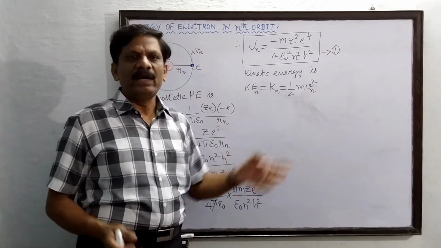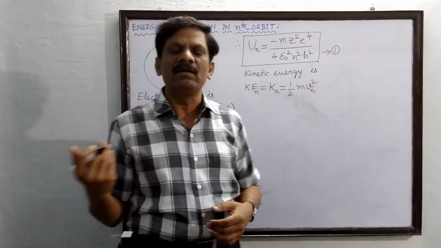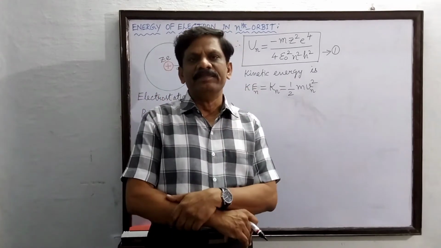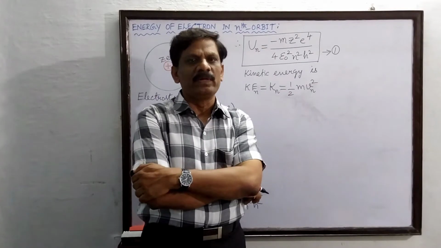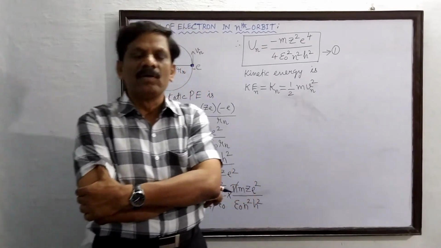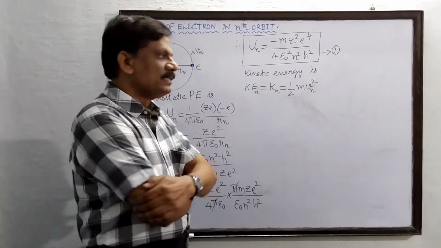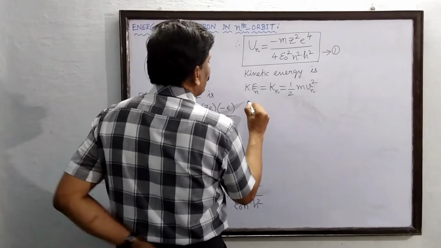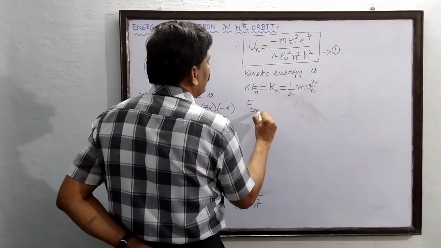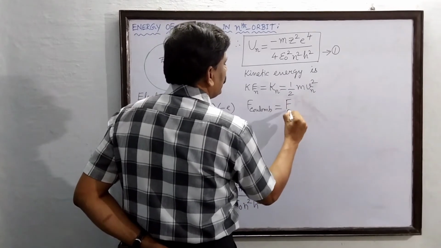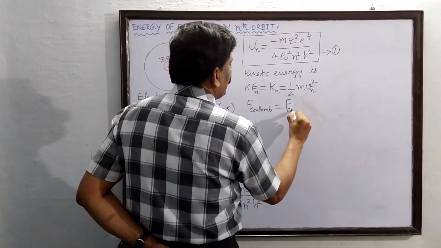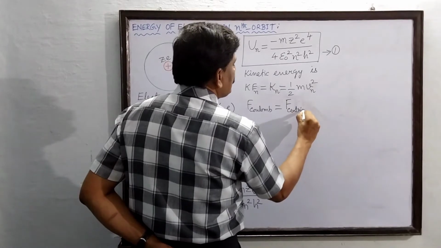For this, we have to recall that for dynamic equilibrium, the electrostatic force or the Coulomb force between the nucleus and the electron is equal to the centripetal force. So, I will recall here the magnitude of the Coulomb force, which is equal to the centripetal force.